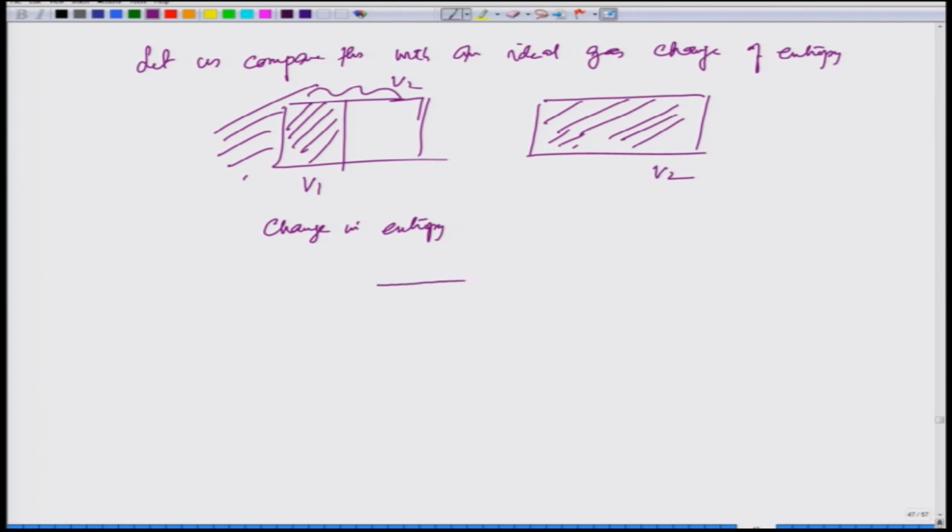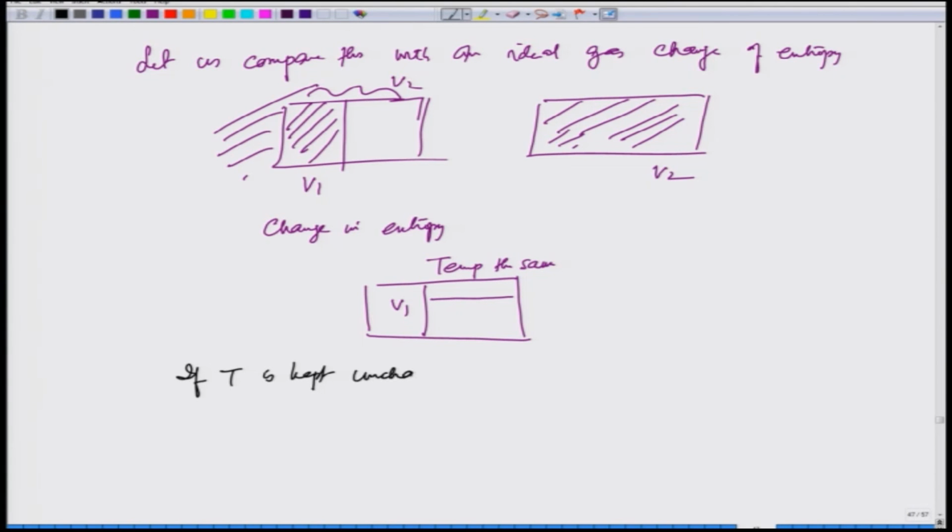And this change in entropy can be calculated very easily. What we do is push this gas back to volume V 1, keeping the temperature the same. If the temperature is kept unchanged, the internal energy of gas also remains unchanged.